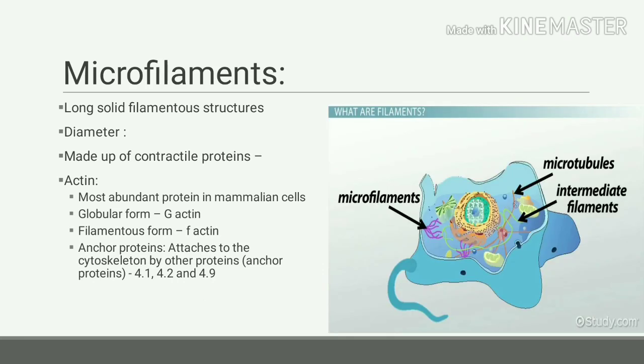Next is microfilaments. These are long solid filamentous structures, with a diameter of about 4 to 8 nanometers, and they are made up of contractile proteins, actin and myosin. Actin is the most abundant protein in the mammalian cell.